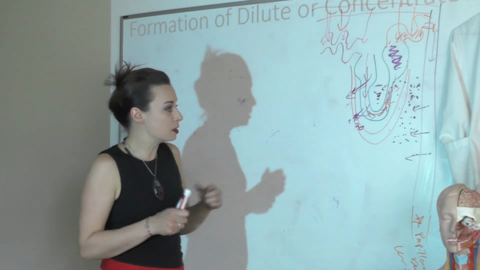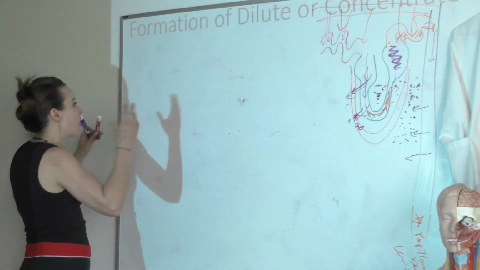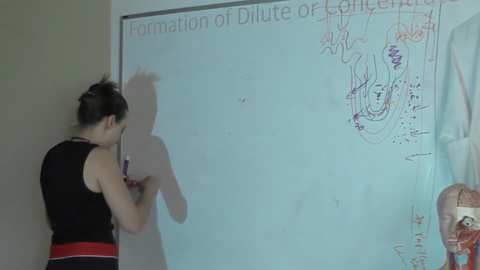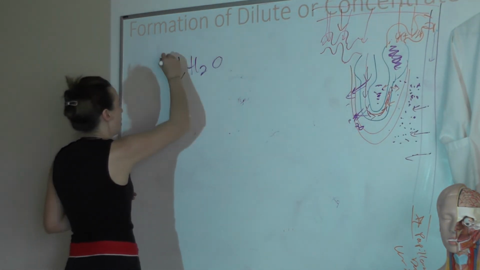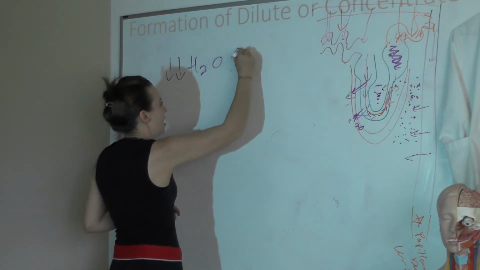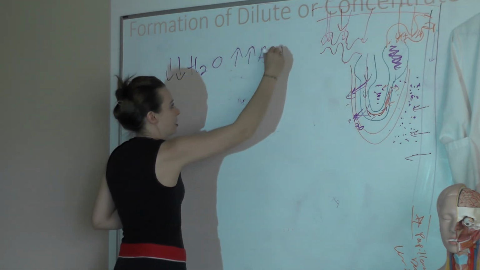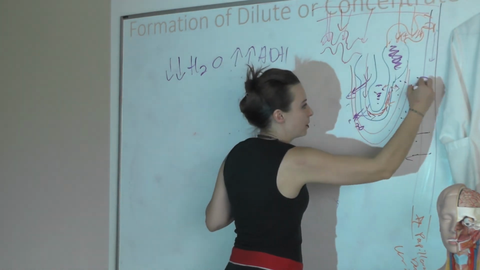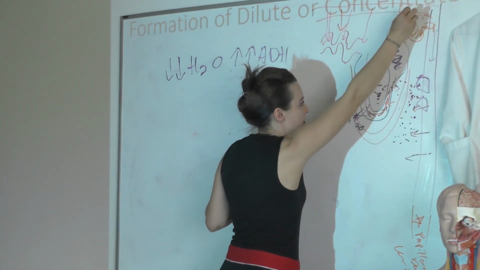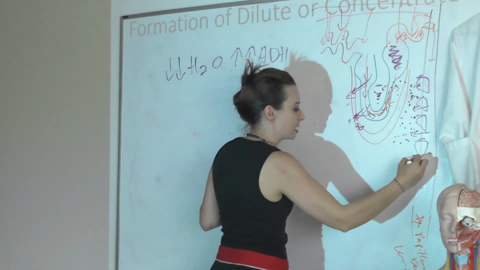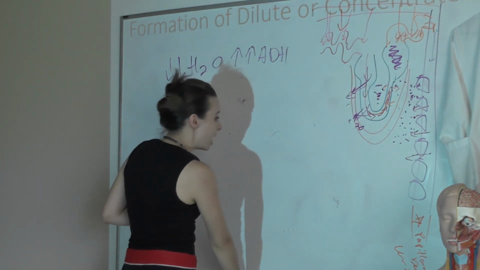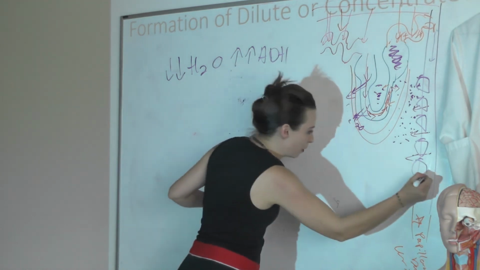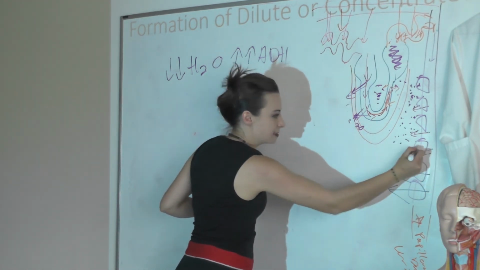If we're so dehydrated that we have a lot of antidiuretic hormone, that means that we're so low in water that we have a lot of ADH, then what happens is we would put all these aquaporins in my distal convoluted tubule, but also in my collecting duct, because this is what's passing back through that salty interstitium, and now I will pull out as much water as I can.